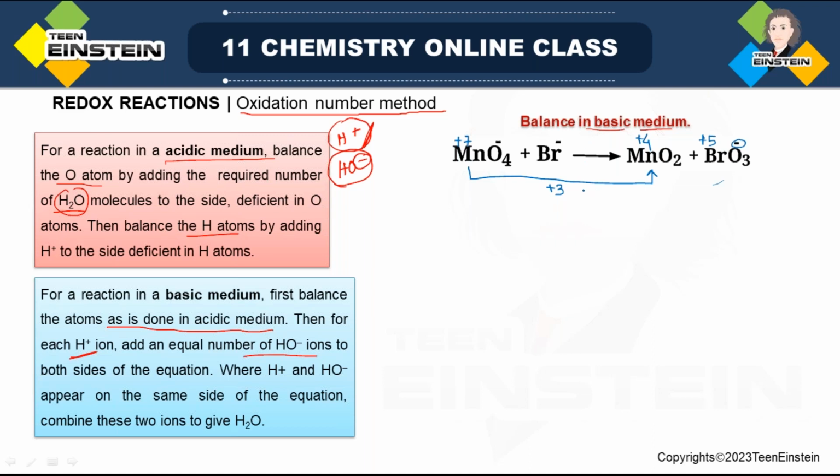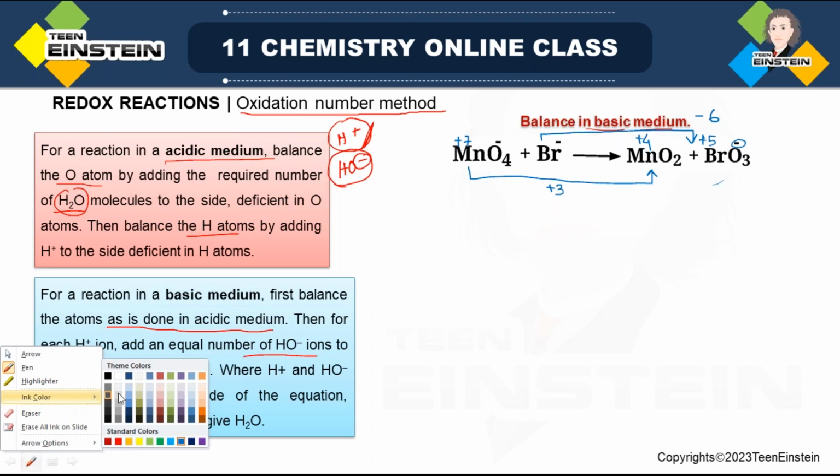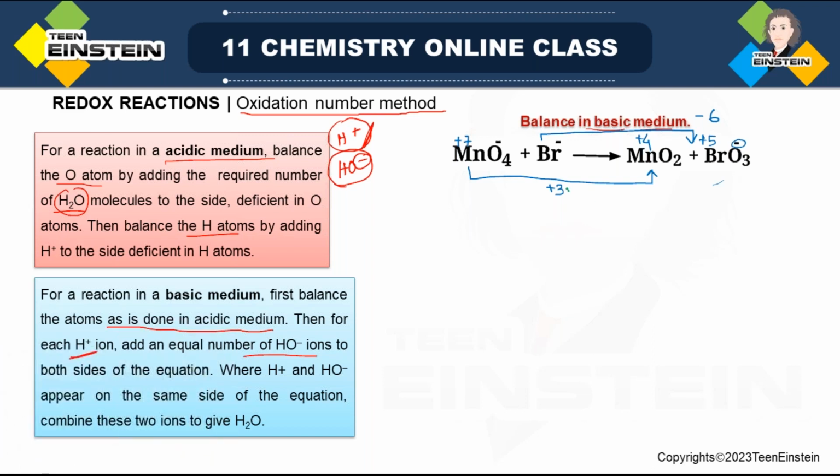And in terms of Br minus, from -1 it is now +5, right? So it is basically -6. Now as it is -6 and this is +3, the next step is that we will multiply numbers in such a way that the total charge becomes the same. So now it is +6 and this is already -6. So these two are balanced.